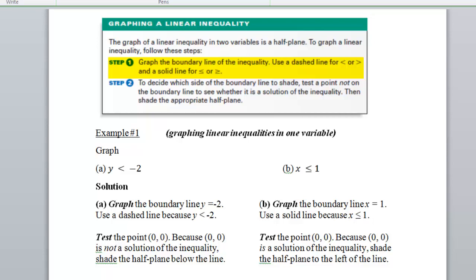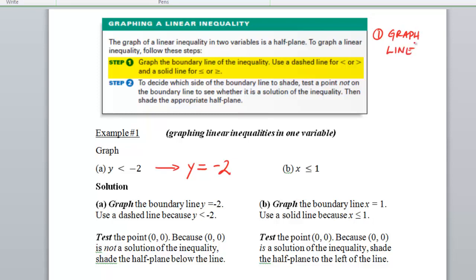Graphing a boundary line simply means taking that inequality and rewriting it. When we rewrite the inequality as an equation, we are now going to graph the line y equals -2. So you can see our first step, and this is where I'm going to start breaking it up into more detailed pieces. We're going to graph the line first.